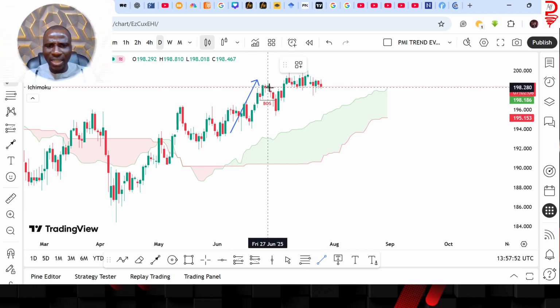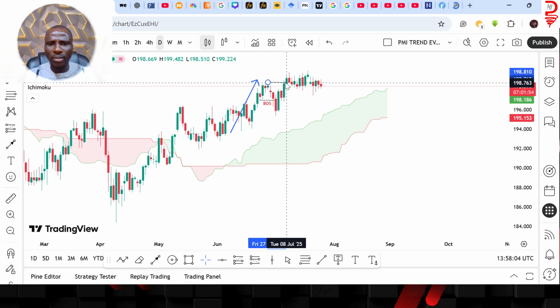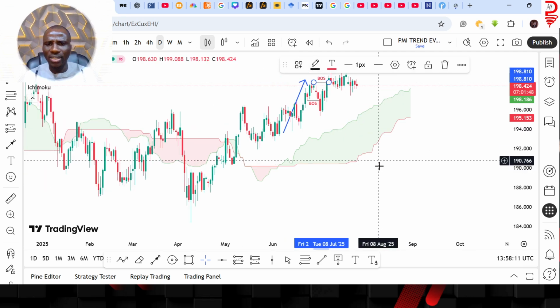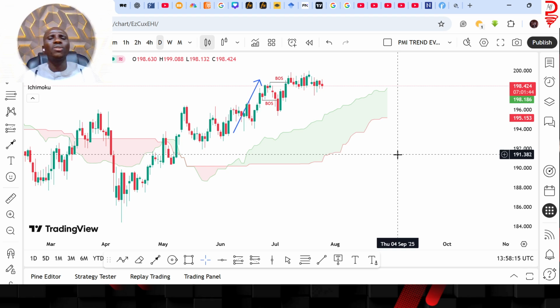Even if you mark this place, it's still a break of structure to the upside, a break of structure bullish. Are you seeing it now? I want you to pay close attention. This is how we just look at the market.